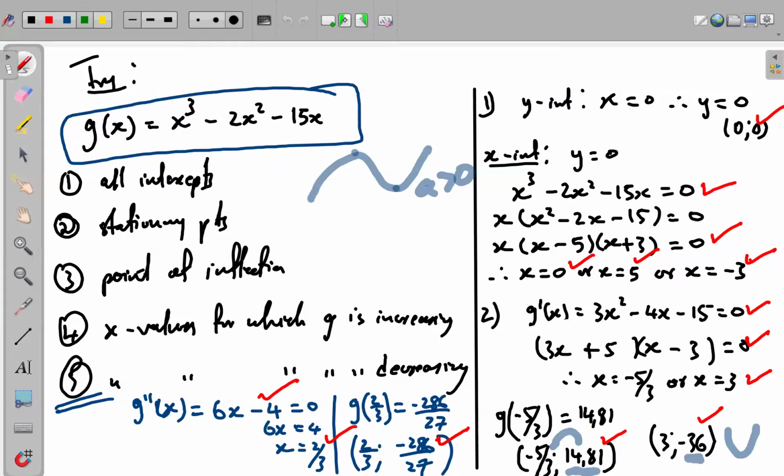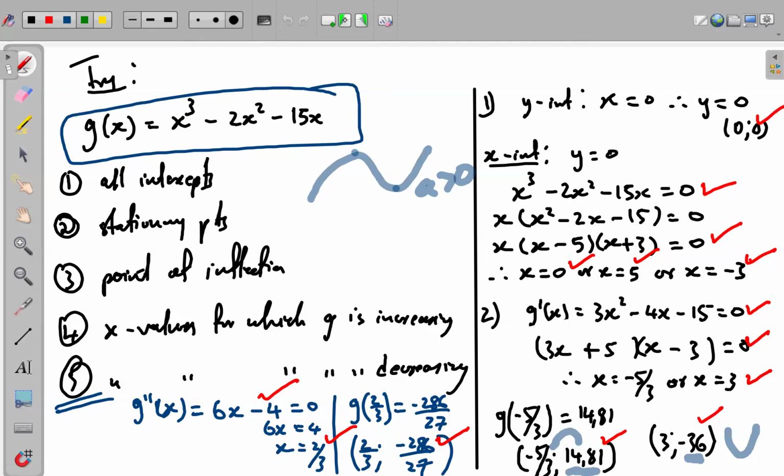And then one of our turning points is negative 5 over 3 and a 14.81. That's what it is. So we just gotta approximate it. We're not gonna get plotted really to scale here. We just need 5 over 3 in a decimal form, something like 1 point something.